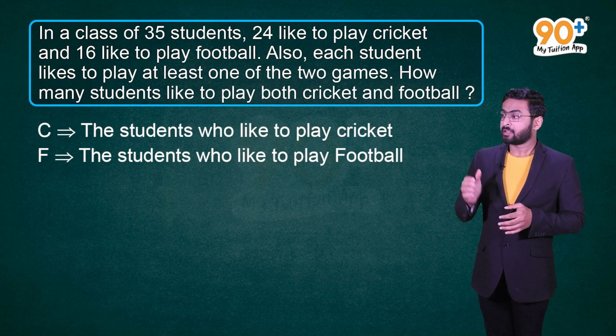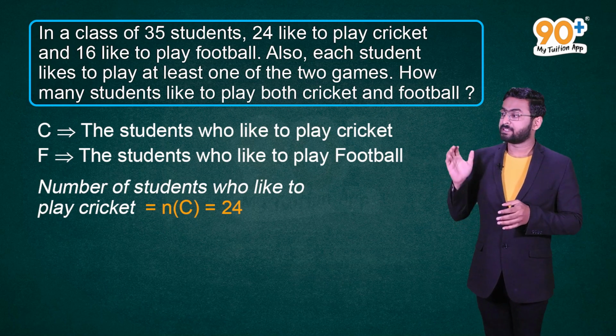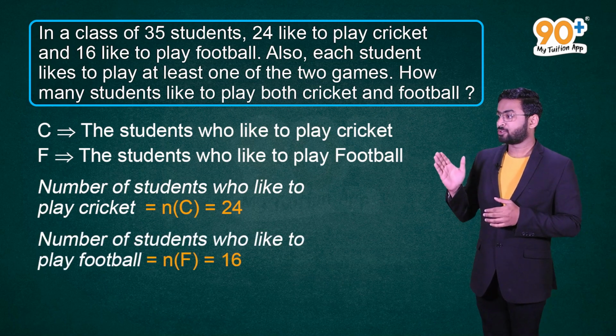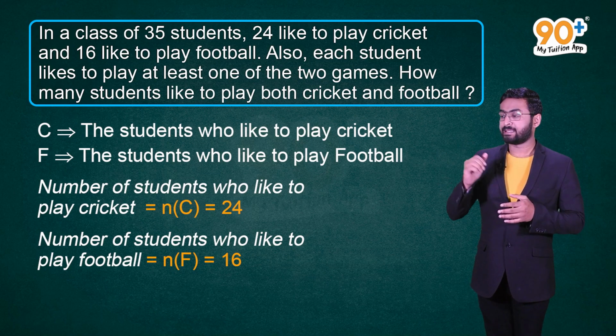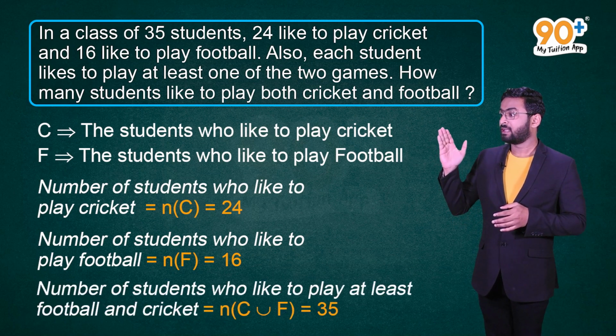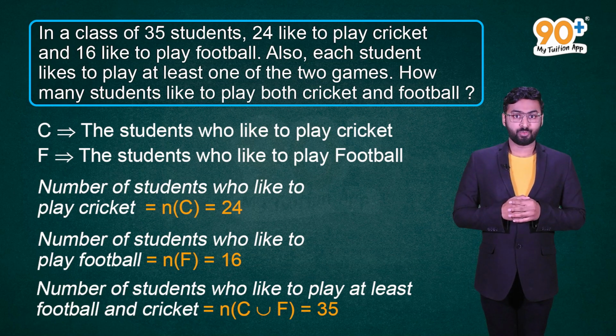It's given the number of students who like to play cricket is n of C, which is equal to 24. The number of students who like to play football is n of F, which is equal to 16. It's given that each student likes to play at least one of the two games.